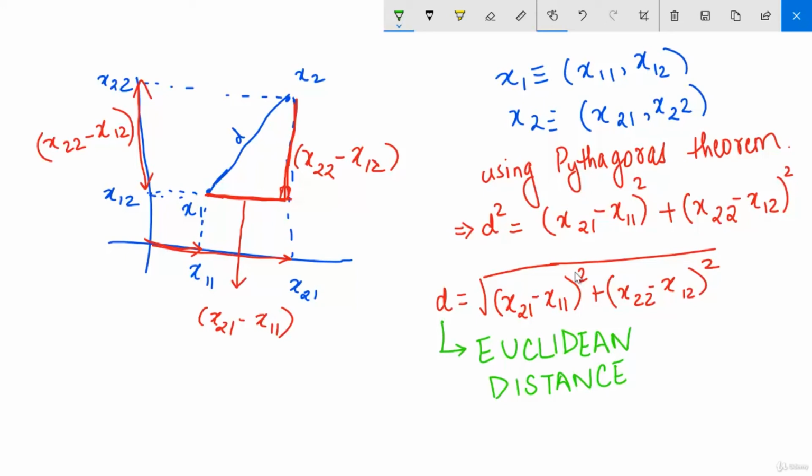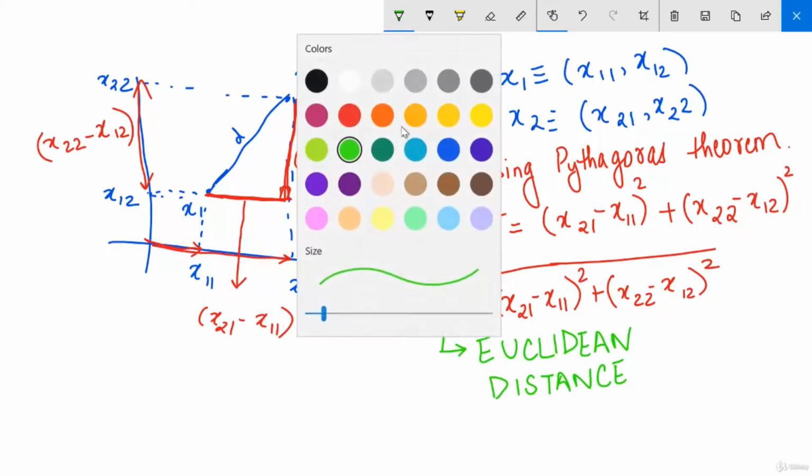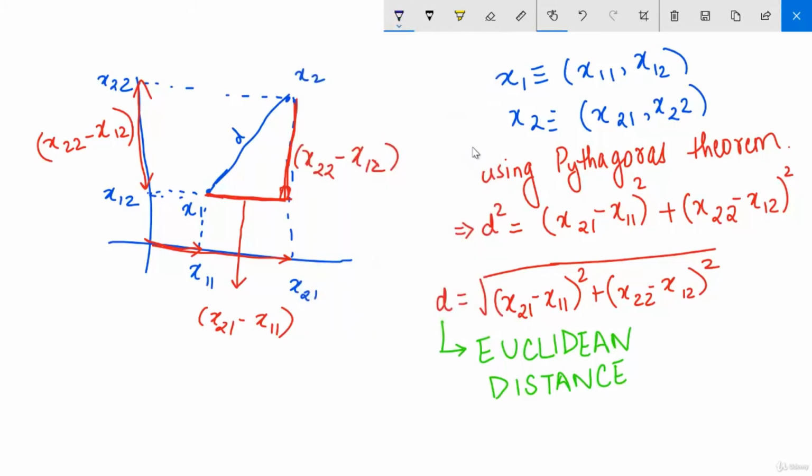Okay, and there is one more thing I want you to make a note of, which is a part of machine learning. This distance d can also be written as d, the absolute value or modulus of x1 minus x2.